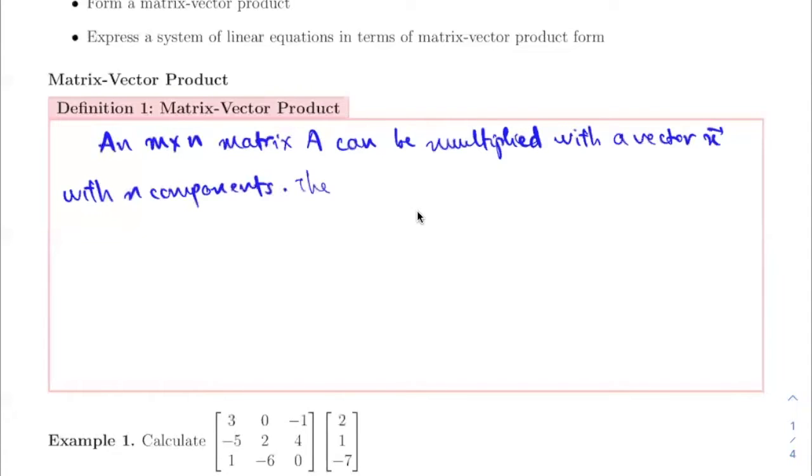The result is a vector with M components.